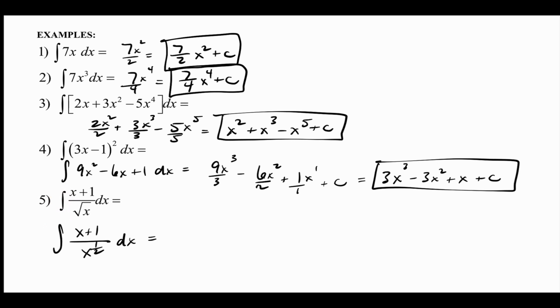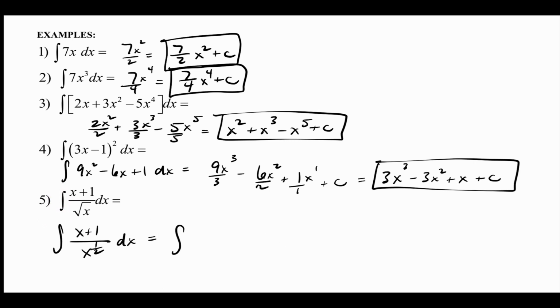You could move it to the top. I didn't even think about that, but yeah, you could. Just be careful when you do it because it would be negative 1/2, and then you get x plus 1, right? And then you would have to distribute. You could do that.